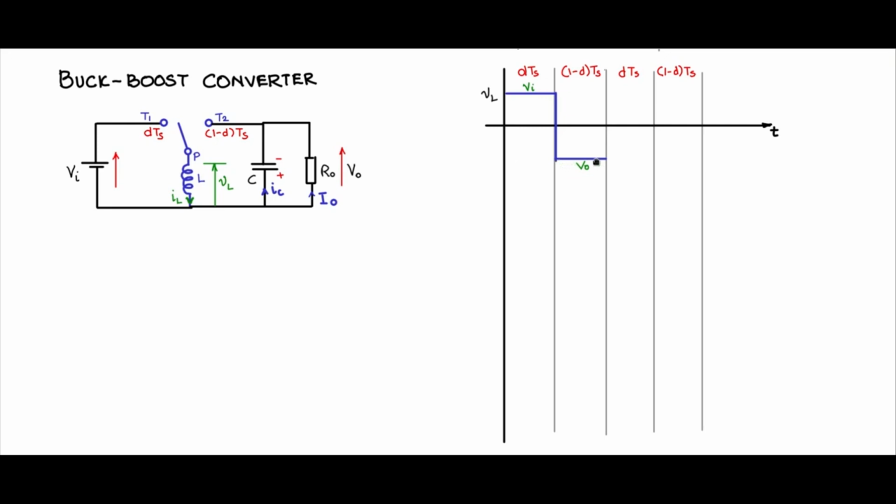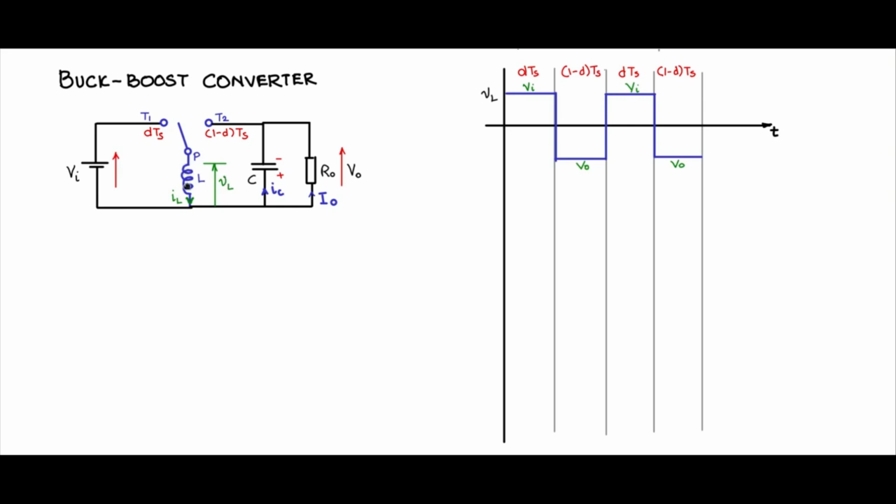So that is V0, which is minus. And then again next cycle, Vi here, V0 here, and so on and so forth. It continues. So this is the inductor voltage waveform. Remember to use this for the volt-second balance equation to obtain the input-output voltage relationship.